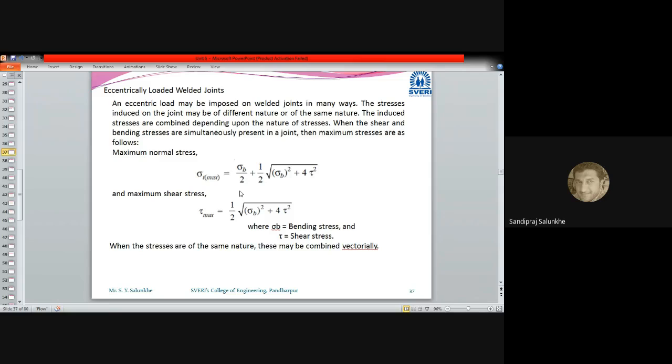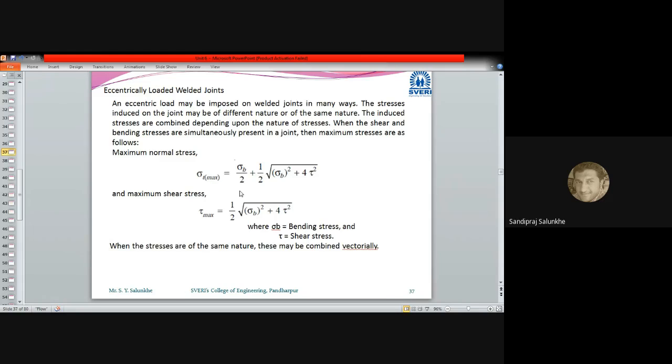Then the maximum principal stress is sigma max equal to sigma b by 2 plus half of the square root of sigma b square plus 4 tau square. From this formula, we can calculate the maximum normal stress induced in the weld, and we take this stress for the design. By means of this stress, we can find the dimensions of the welded joint.